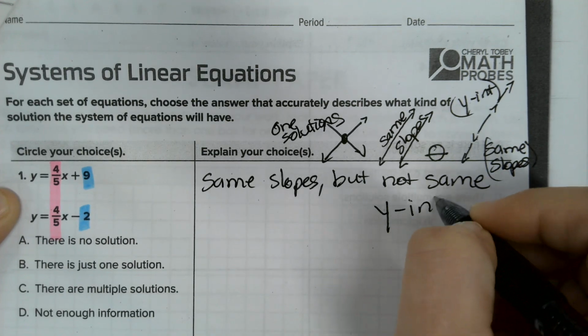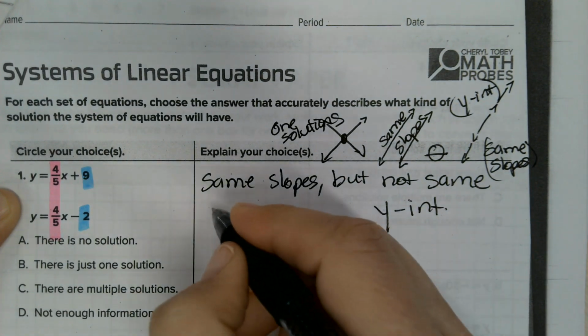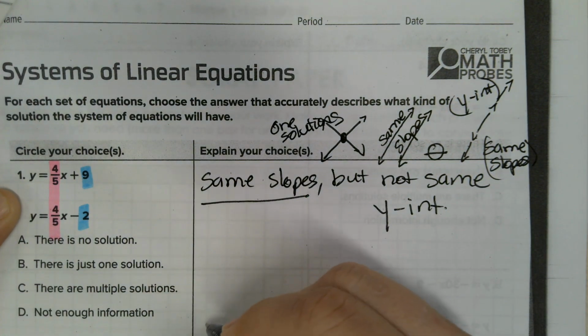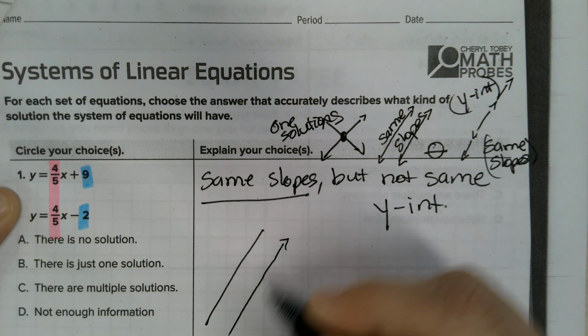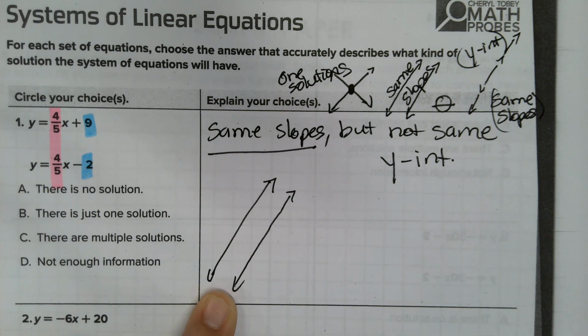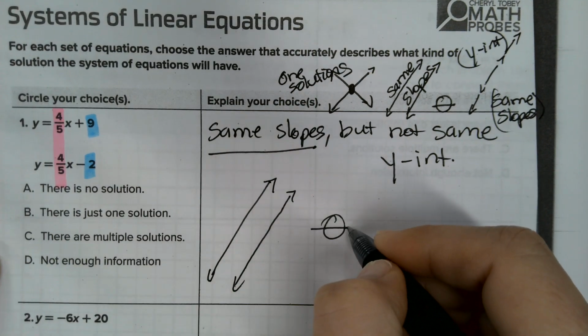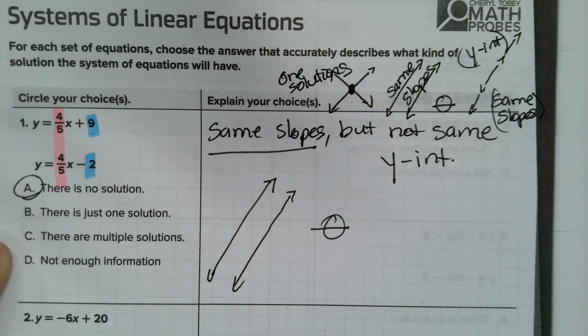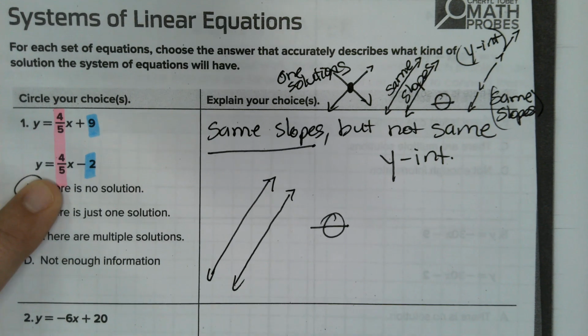So that means they're not the exact same lines. However, if they share the same slope, you will end up graphing parallel lines. If you have parallel lines here, it means that they will never touch. So we can say this is a no solution. That would be our answer to the first one just by reading the equations.